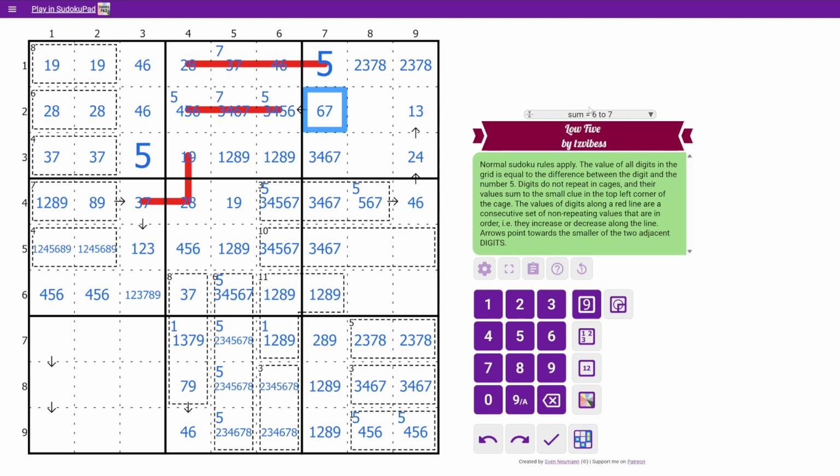Right, this can't be 7 either. This has to be 6. Which is 1. This would have to be 2. Which is 3. This would have to be 3. That does not work.